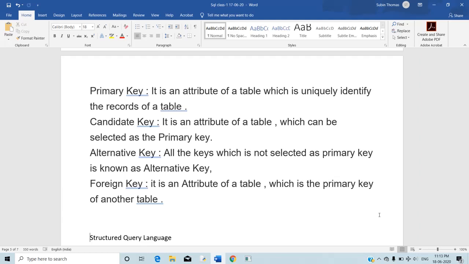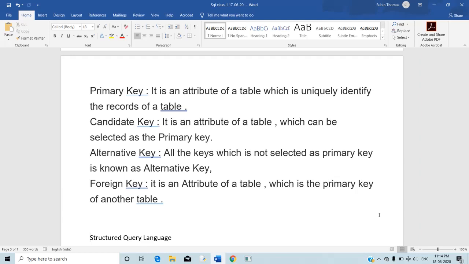For example, we have employee and department tables. In the employee table, I have employee number as the primary key, and there is another attribute named department number. That department number stores the department where each employee is working.